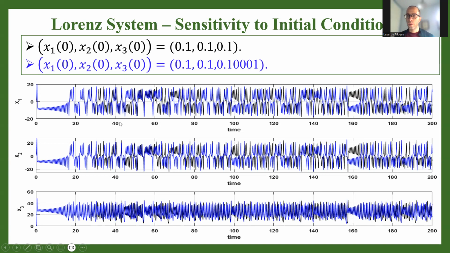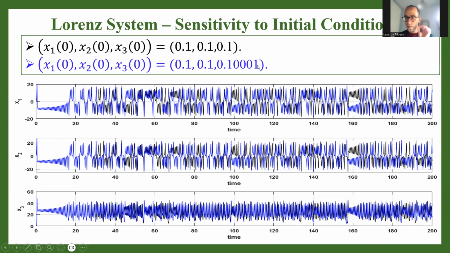Let's see these two solutions here to understand this butterfly effect. These solutions are for the same parameter values, so sigma, rho, and beta are all the same for both systems, and the initial conditions are slightly different. They are almost identical, but not exactly the same. X1 is the same, X2 is the same, and X3 differs slightly at the fifth decimal point.